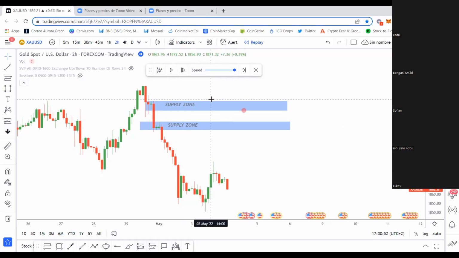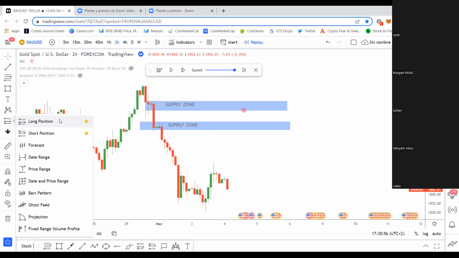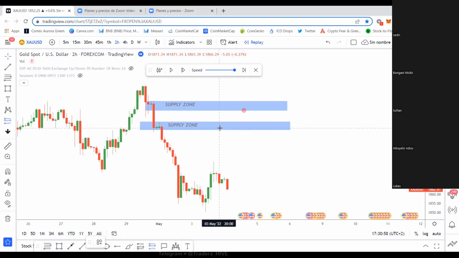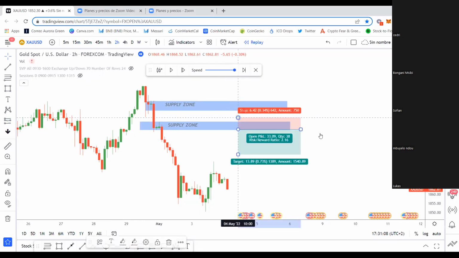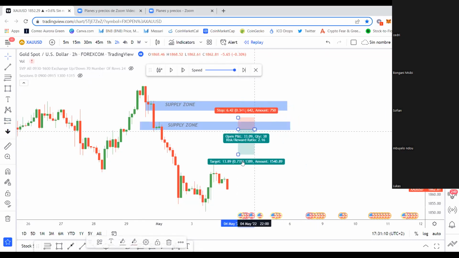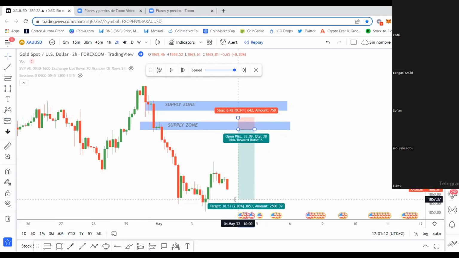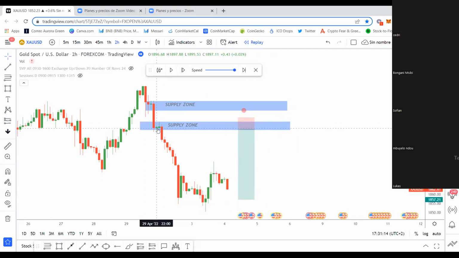So the main problem, the most common mistake, okay? People will short in this zone, because it's a supply area and the zone looks great.